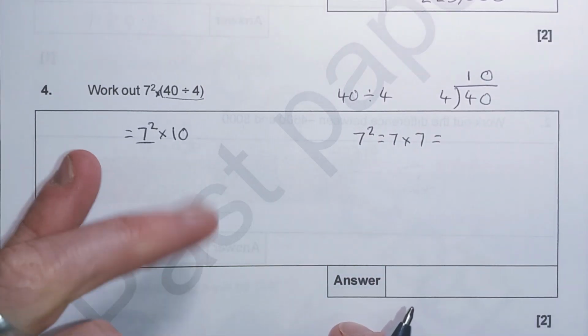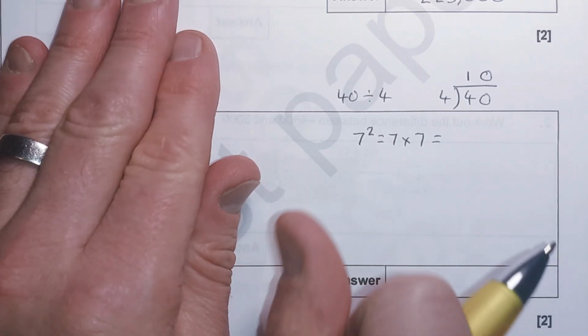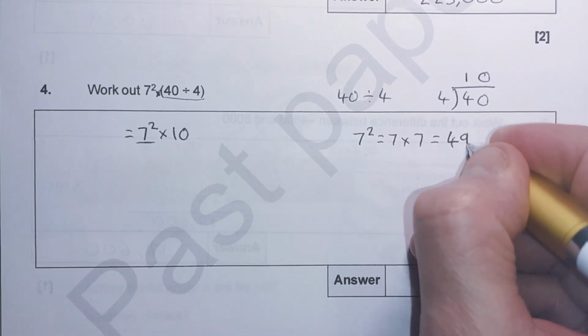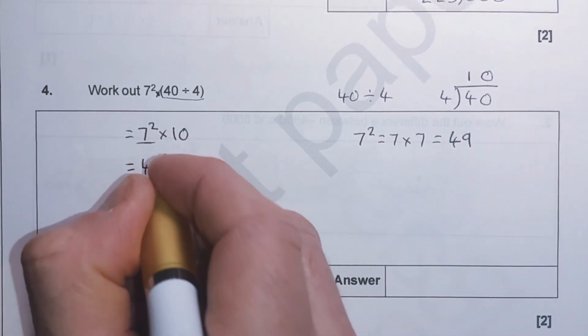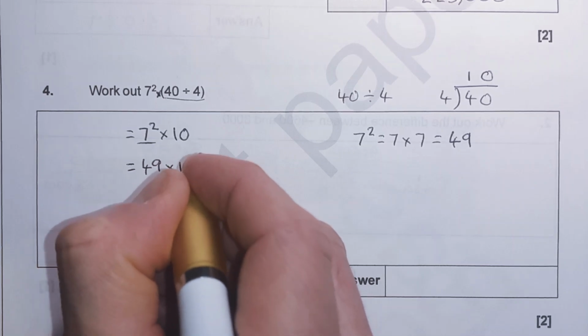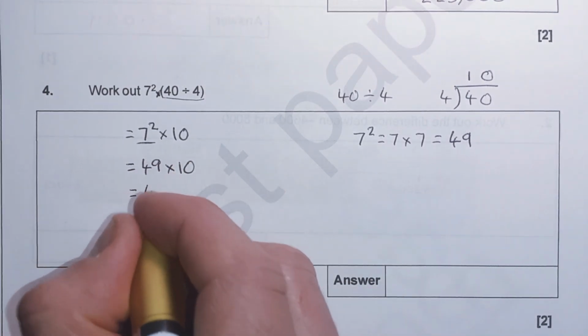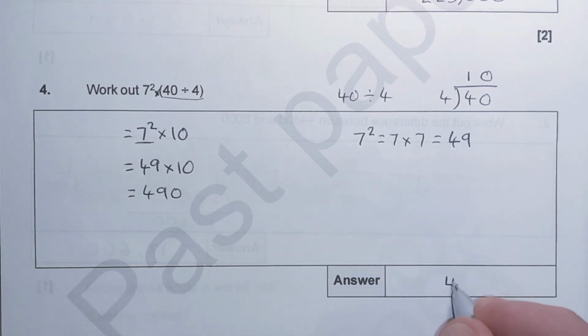So we've got 7, 14, 21, 28, 35, 42, 49. So we can put that in for 7 squared now. So we've now got 49 times 10. Well, if you're multiplying anything by 10, we just put a 0 on the end. So we've got 490.